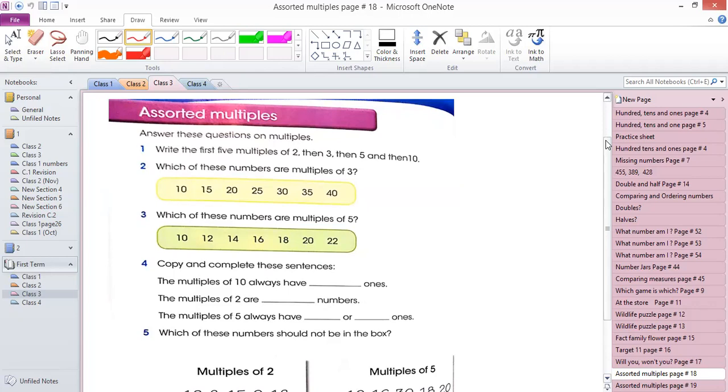Like if you start at 0 and you're counting in twos, that means you are writing multiples of 2. If you start at 0 and count in steps of threes, you are writing multiples of 3.